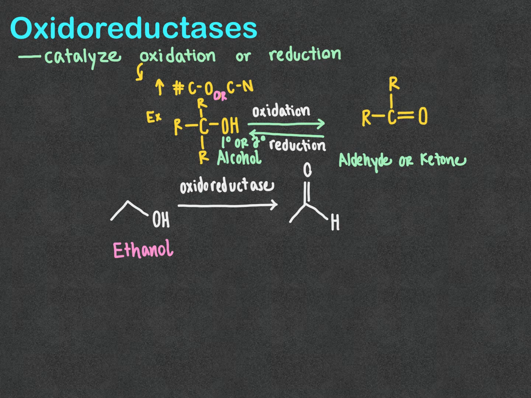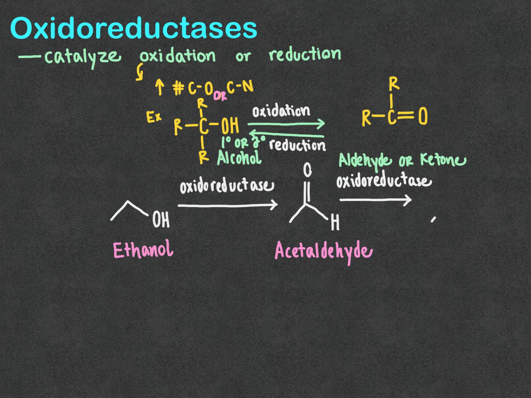This molecule is called acetaldehyde because it has 2 carbons. And then oxidoreductase further comes in and catalyzes the further oxidation of the aldehyde to form a carboxylic acid product, specifically acetic acid, which is highly polar and can be passed out of the body through the urine.